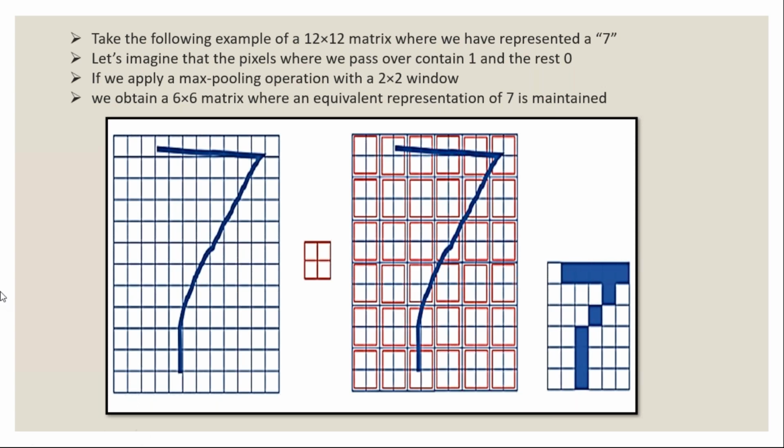So how does pooling perform? You apply the 2x2 window. Here there are no blue pixels, so just leave it. And second, it will take the second 2x2. Now you have blue pixels, so it will take that blue pixel alone. And third, you have a blue pixel, so that pixel you have to take. And 4, 5.